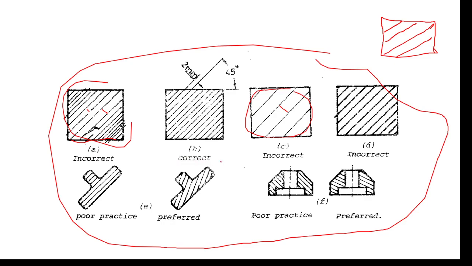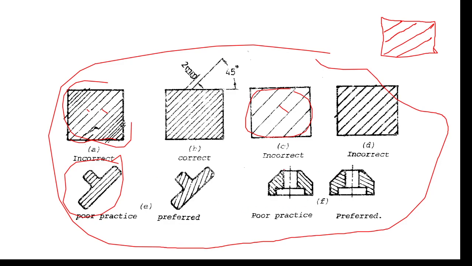Well, another hatching rule says to avoid having the cross-hatching lines parallel or perpendicularly oriented with respect to the boundary lines. This is a poor practice because the hatching lines are parallel to the boundary of the surface.